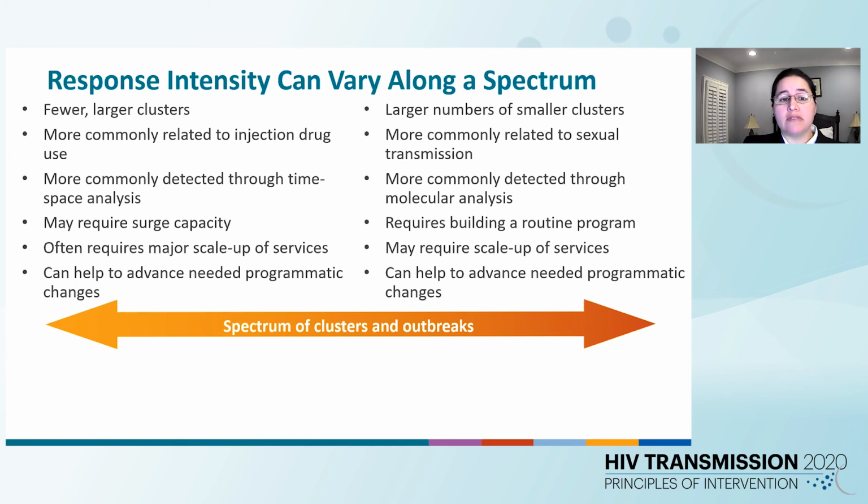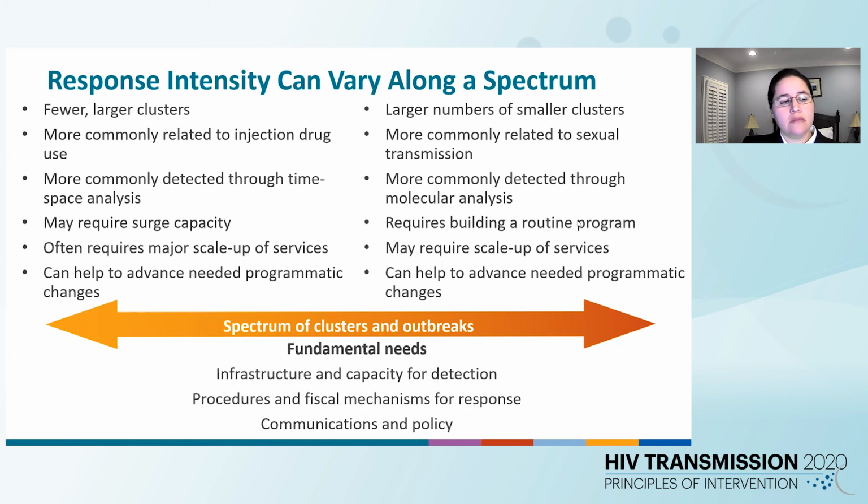Responding may require scale-up of services and can help to advance needed programmatic changes. And this work also involves fundamental needs, such as infrastructure and capacity for detection, procedures and fiscal mechanisms for response, and communications and policy capacity.